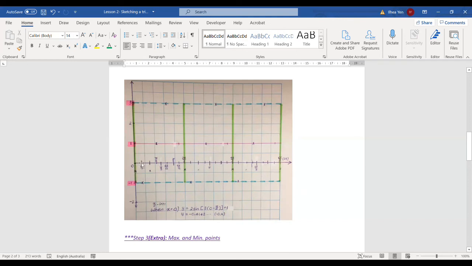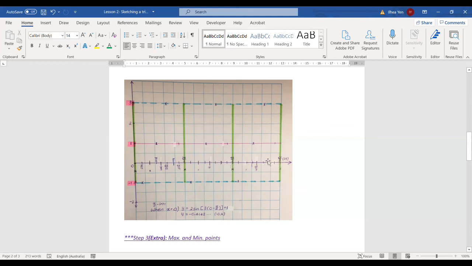Now, so I know the first scale is my minimum. So each cycle, first scale is my minimum. And then the third from the end scale is my max. So I'll do the same, 1, 2, 3 from the back, max.